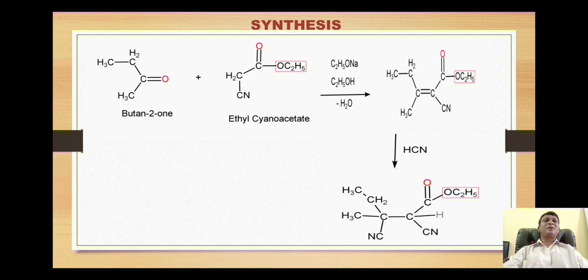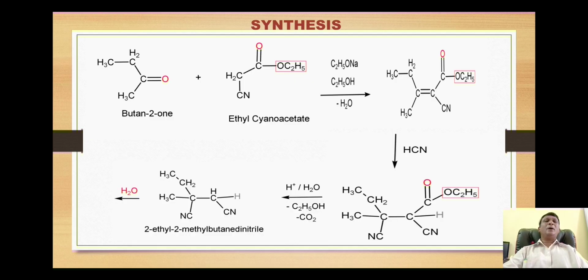This dinitrile derivative then undergoes a very famous acidic hydrolysis reaction. The acidic hydrolysis first removes the ethoxy group as ethanol and converts this ester into corresponding carboxylic acid COOH, which on heating releases one carbon dioxide molecule.